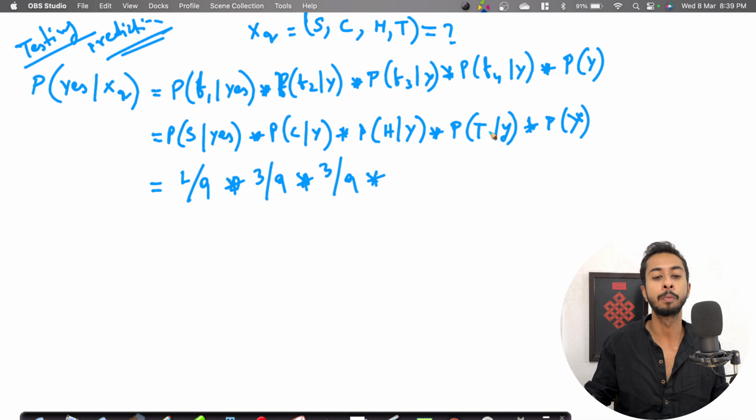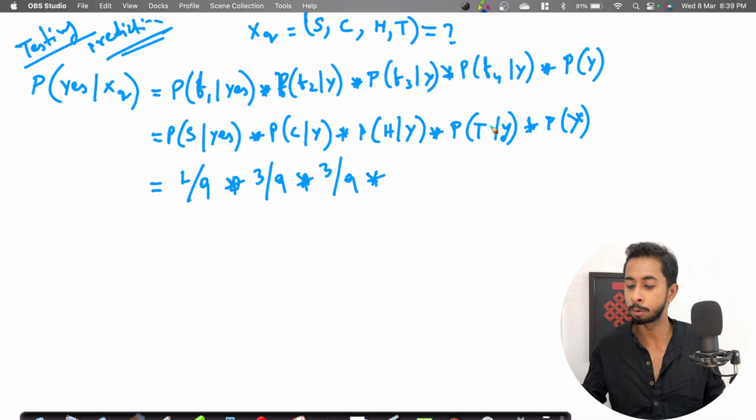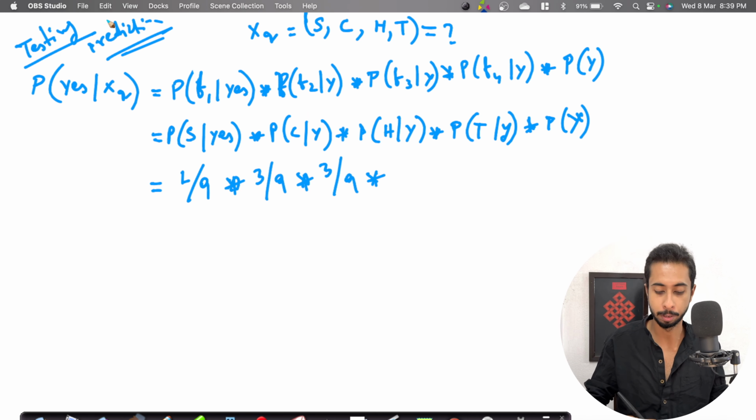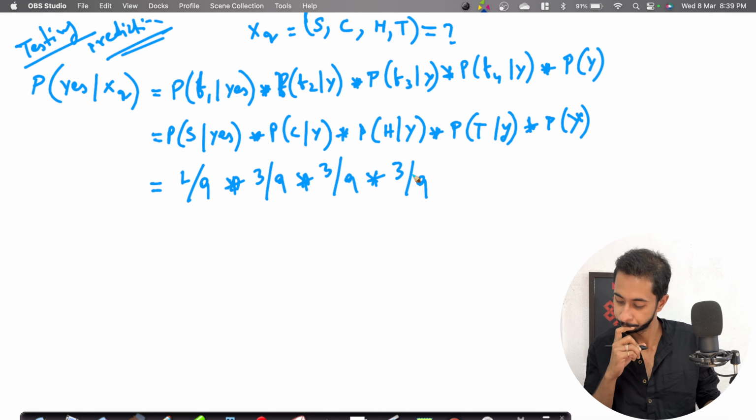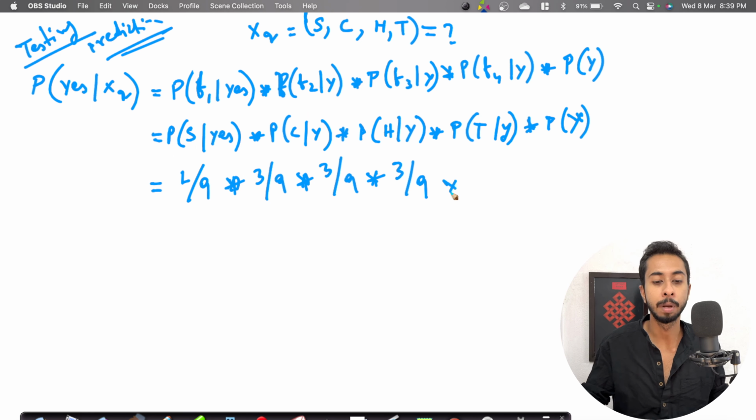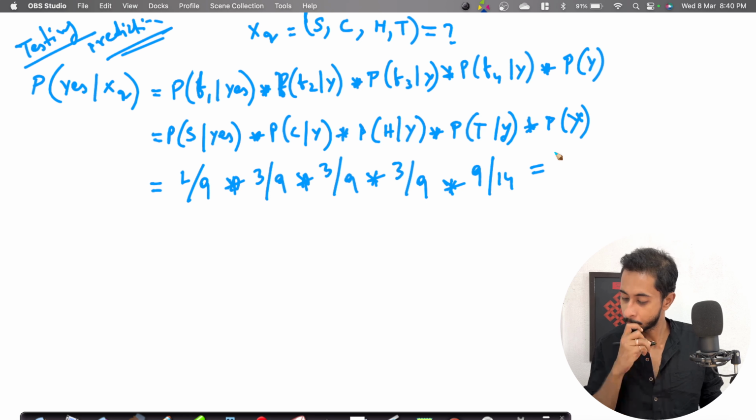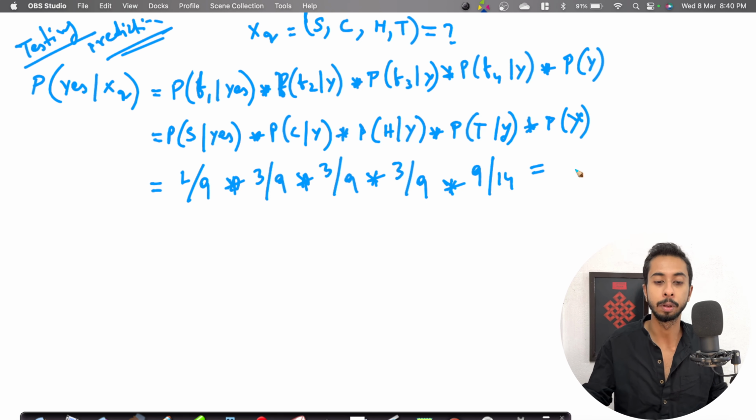Multiplied by probability of wind equals true given yes, which is again 3 by 9. And multiplied by probability of yes. What is probability of yes? It is 9 by 14. If you find this value, it will be almost 0.0053.